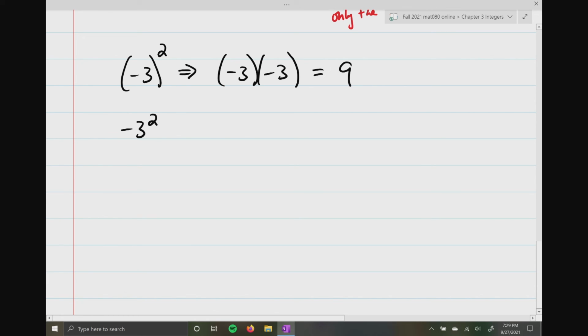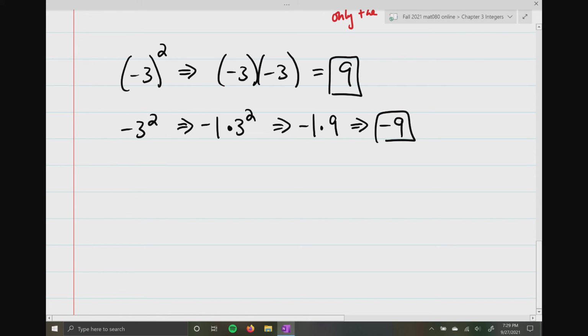For this second example, though, that is negative 1 times 3 to the second. Which means we need to evaluate the exponent first. So 3 to the second power is going to be 9. And now you can say negative 1 times 9 is negative 9. So make sure you see those differences.